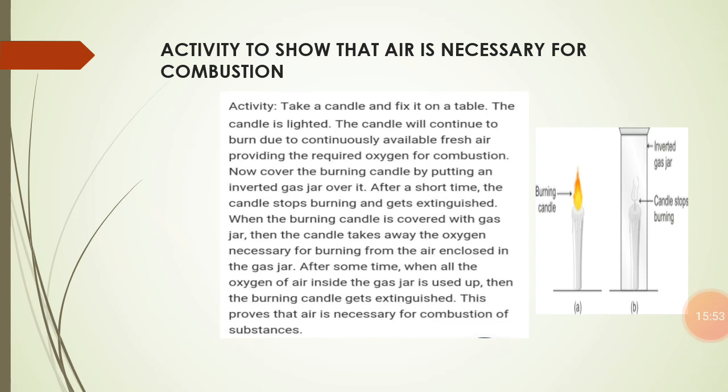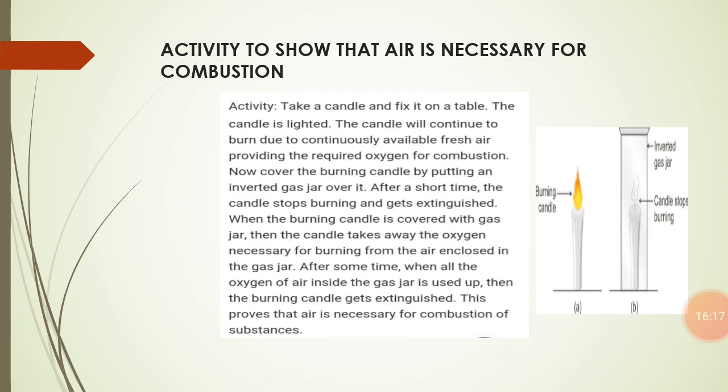So this activity shows that in the first case, the lighted candle is getting oxygen continuously from its surroundings, so it remains burning. But in the second case, the lighted candle gets extinguished due to the absence of oxygen.